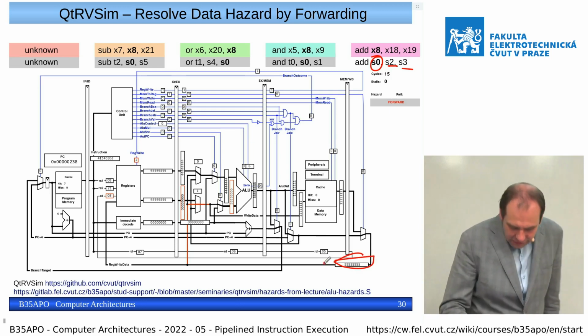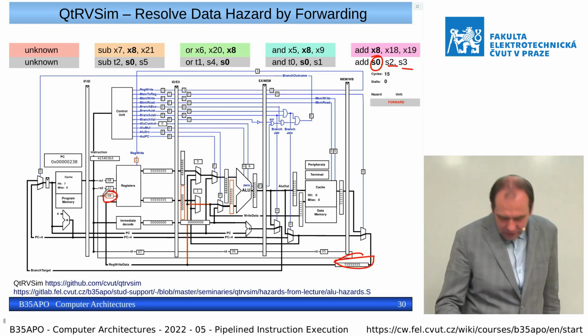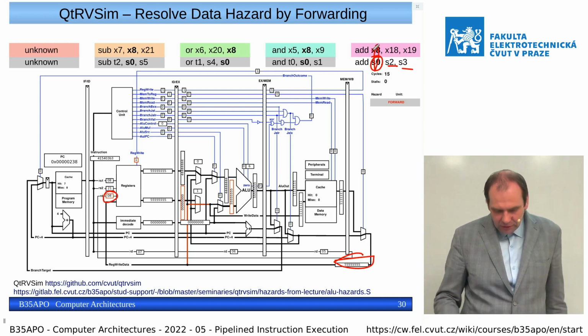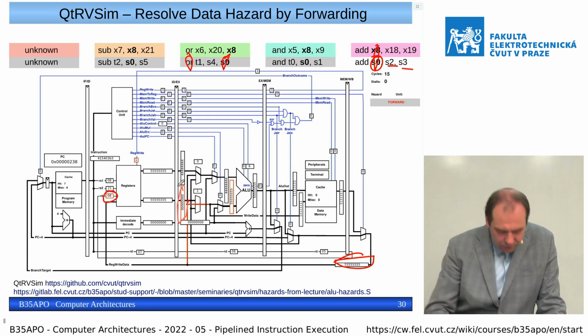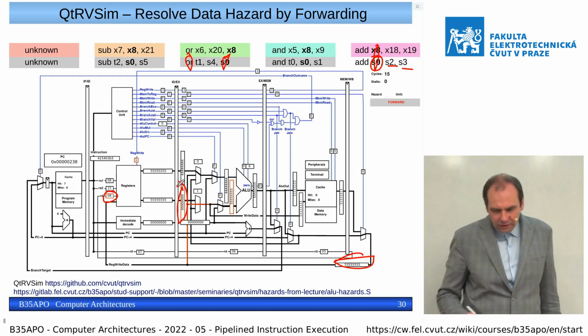It stores it to the register number 8, which is S0, it is correct. Now we have the instruction which does an OR of the S0, but it has read the incorrect value 0, 0, 0 from the register file.